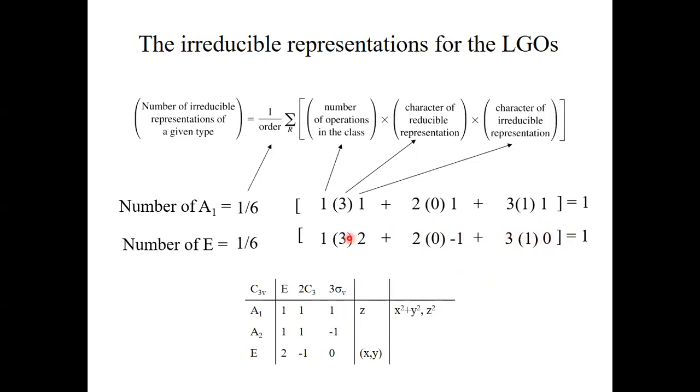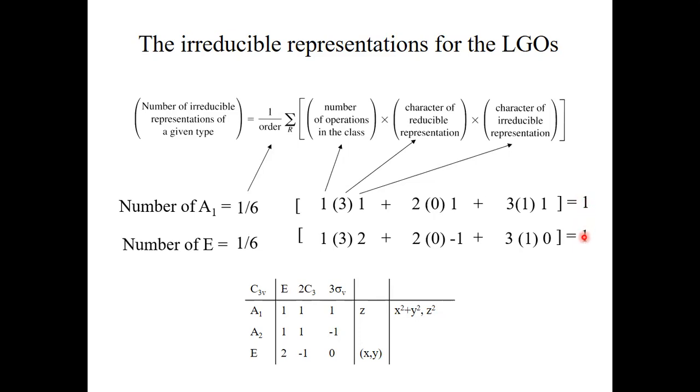Well, that gives 6, and 6 over 6, well, that gives 1. So now at first glance, it looks like we are missing one ligand group orbital, because previously we said that we have 3 ligand group orbitals. And well, 1 plus 1, well, that gives only 2 ligand group orbitals.